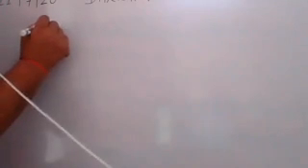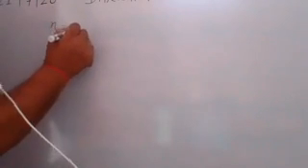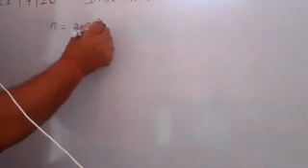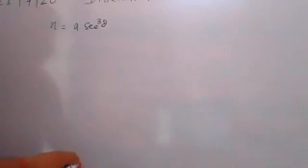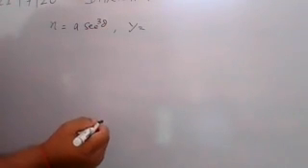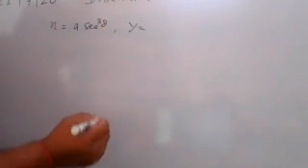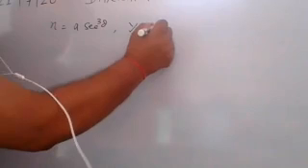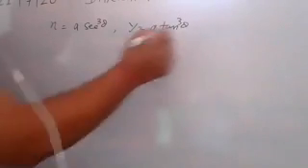X is equal to, yes, right. So just write here, a small question, because that was quite lengthy. Write x is equal to a sec cube theta, and y is equal to a tan cube theta.